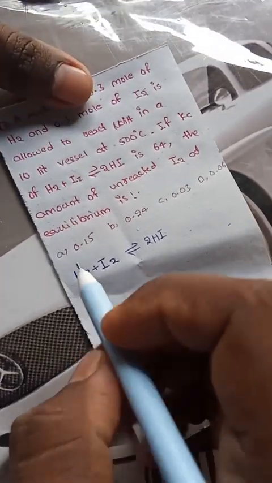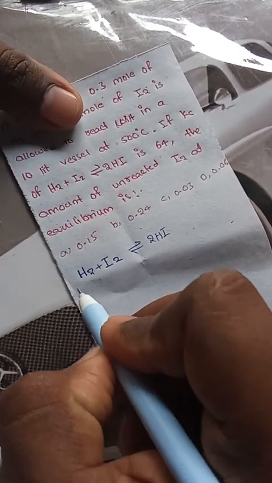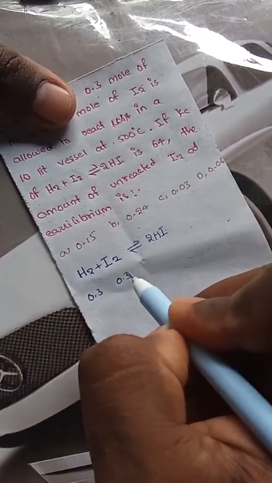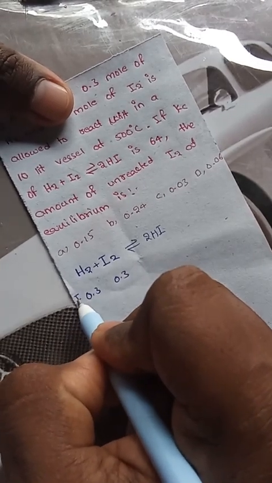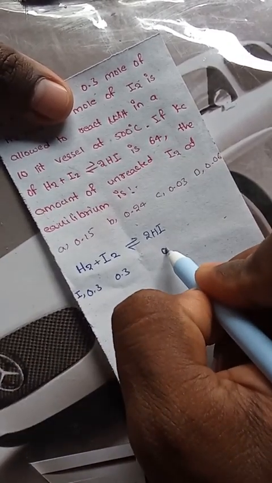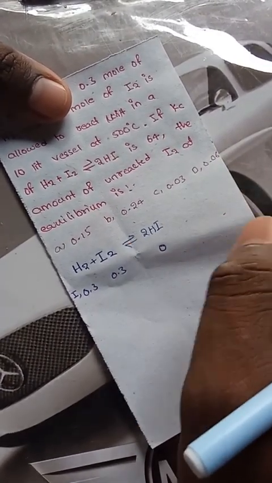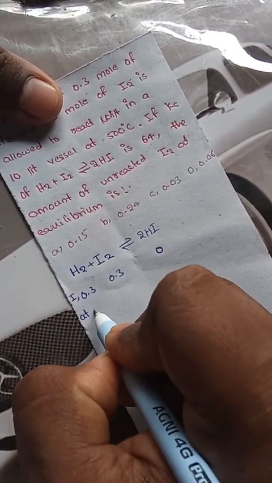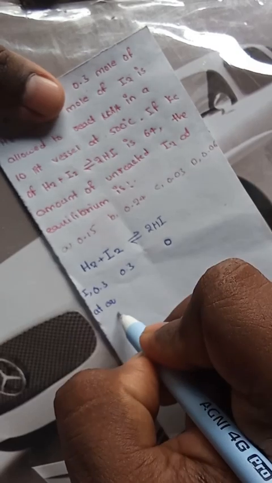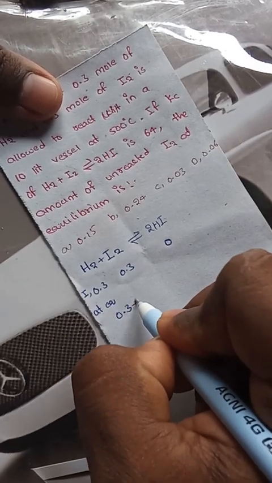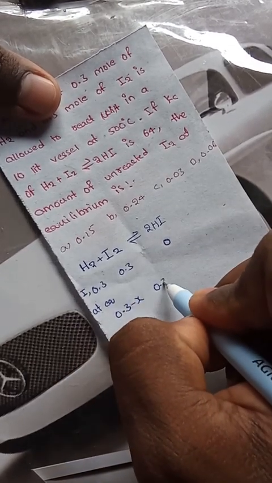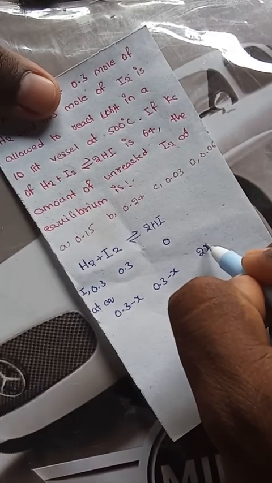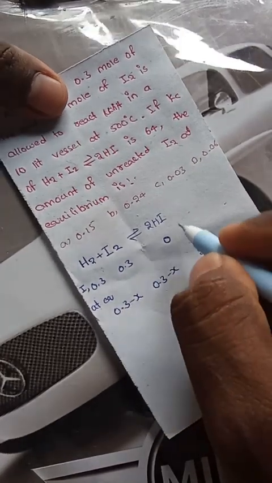Initially 0.3 moles of H2 and 0.3 moles of I2 are taken, so let's write 0.3 and 0.3. Initially, indicated with I, the product is 0 because the reaction has not started. At equilibrium, it's 0.3 minus x, 0.3 minus x, and it gives rise to 2x. Here 2 moles, so I wrote 2x.